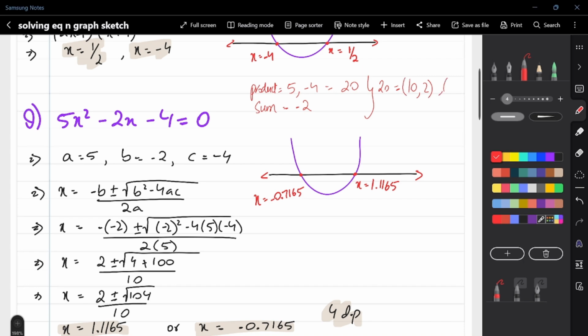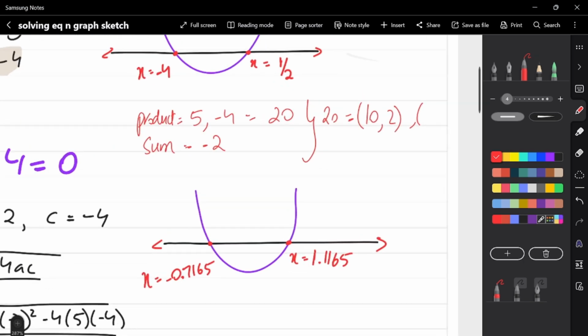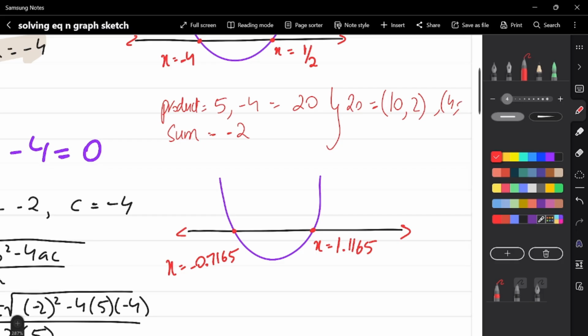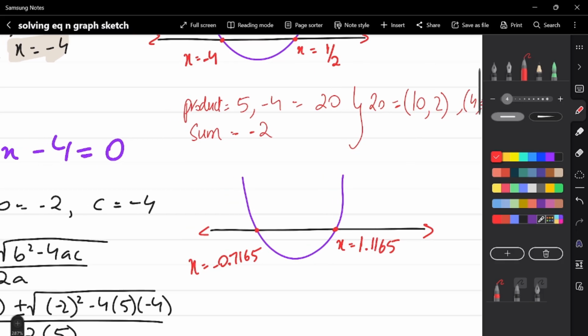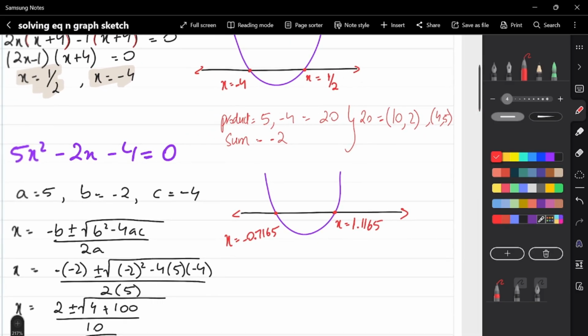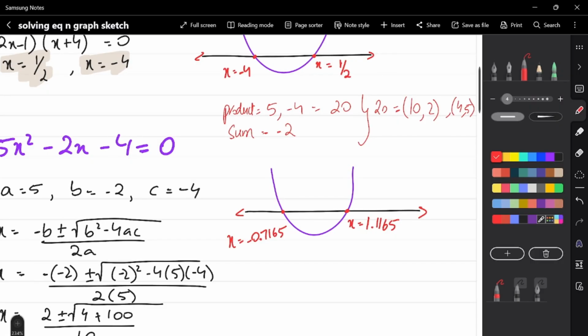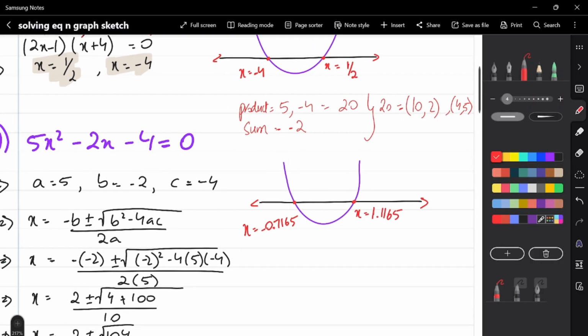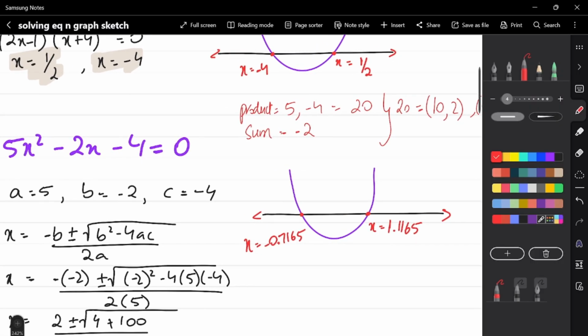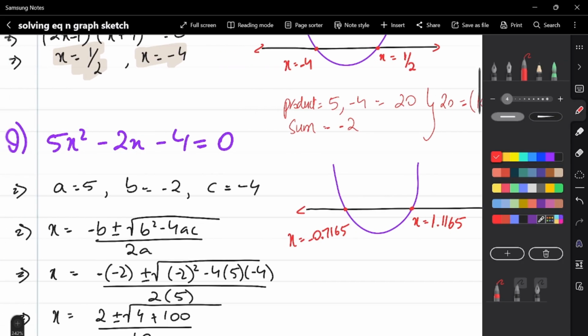That's one combination. The other is 4 and 5. And yeah, I think these are the most I can think of. So with these factors, you can see that there's nothing that can give us a sum of minus 2.